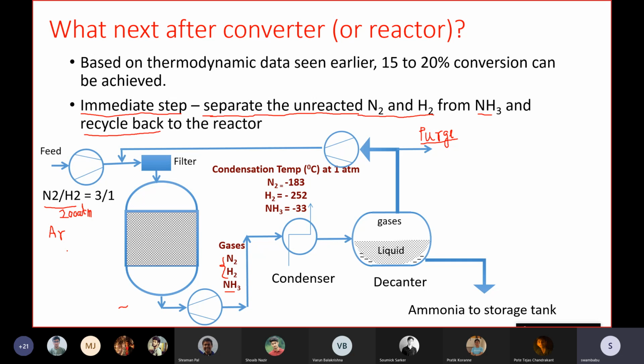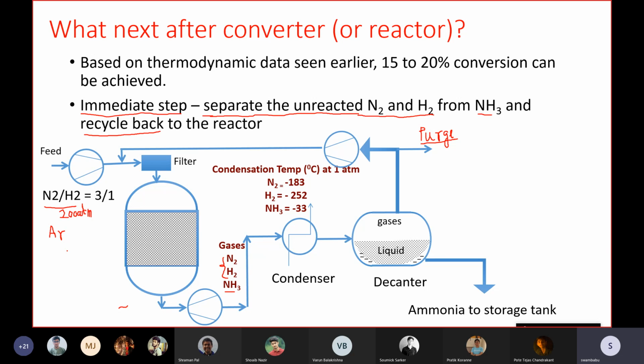But now that we don't have that offline mode of exam, whatever reasoning I have explained yesterday and today, I will give as small questions. For example, how do you separate unreacted nitrogen and hydrogen from ammonia? You will have to write: condenser at a temperature of -35, like this question and answer.